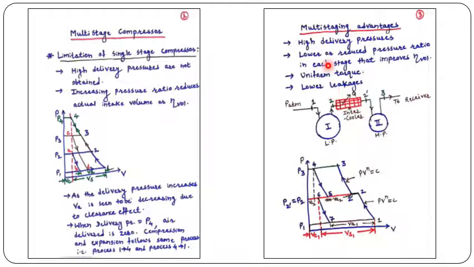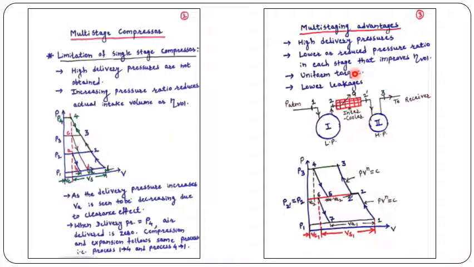So, now in each stage you are reducing the pressure ratio, which will directly affect the volumetric efficiency. The volumetric efficiency if you are using a single stage compressor will be very low, but since you are dividing the total pressure ratio among the different stages, the volumetric efficiency will be higher.